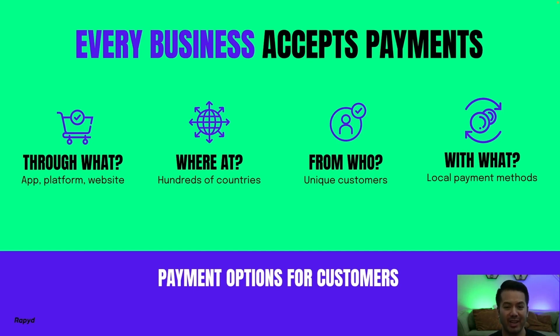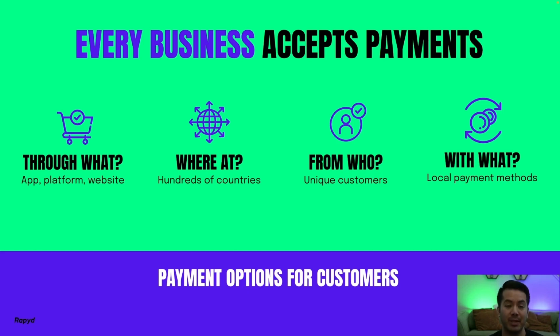Really, we look at the different ways they can do that. It could be through an application, a website, any platform that is built in, could be offline. And what countries would that business be accepting those payments in and doing business in? Of course, who would be using these payment methods and what are their preferred local payment methods for making these payments?